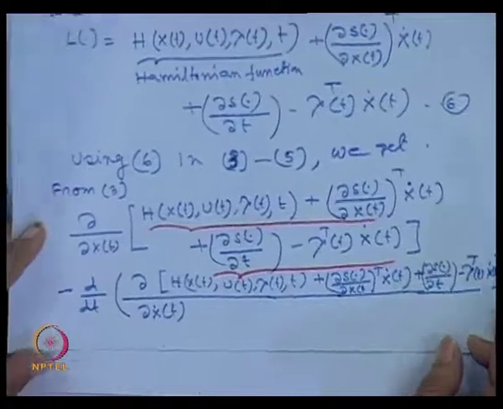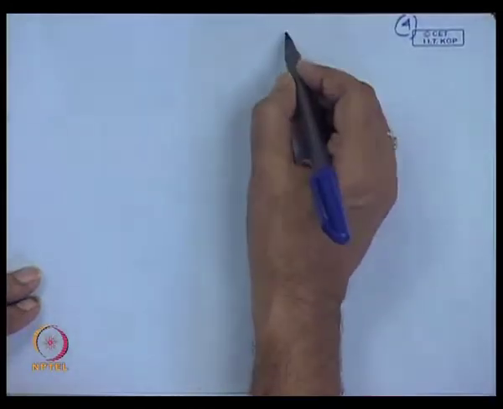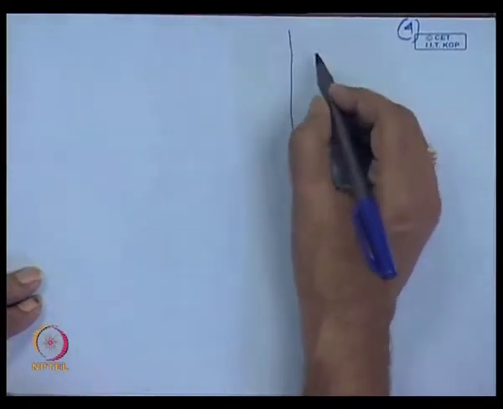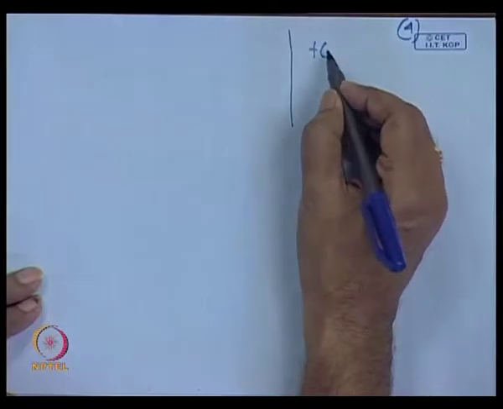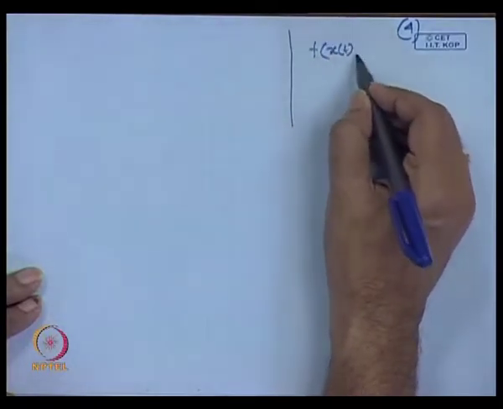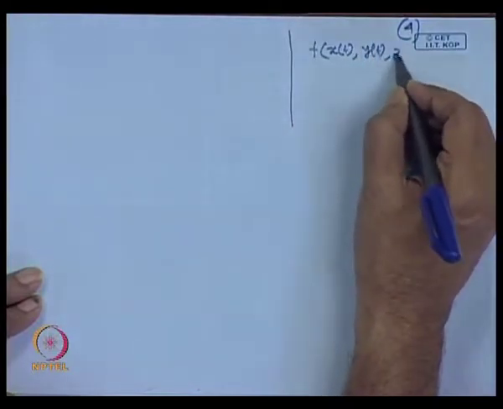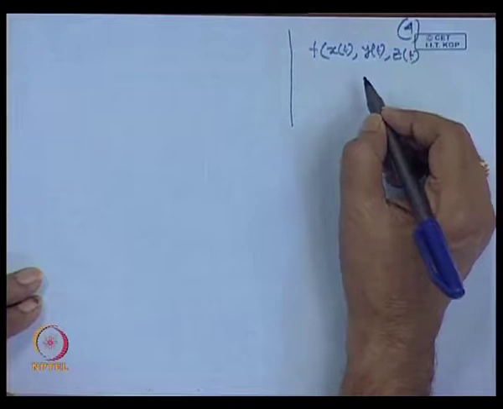Now look at this expression, the chain rule we have used frequently. Suppose we have a function f of x, y, z, where t is the parameter and x of t, y of t and z of t are functions of time.